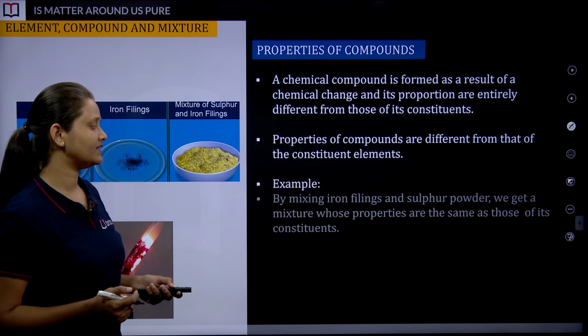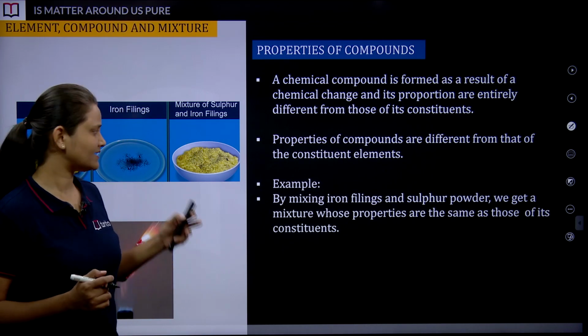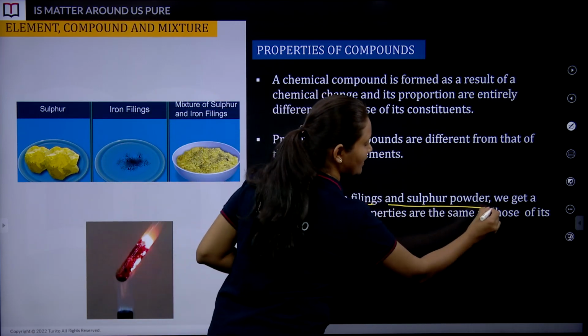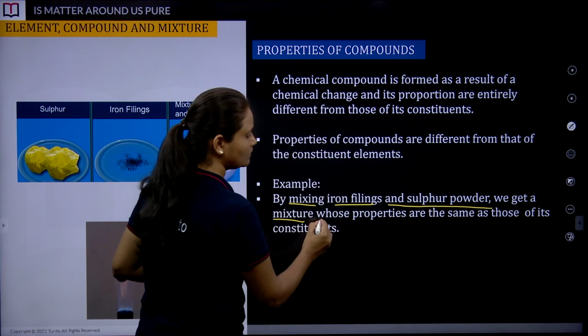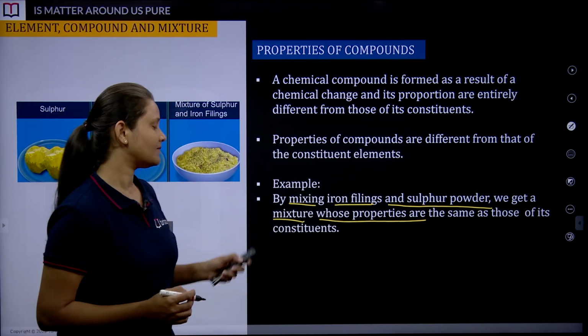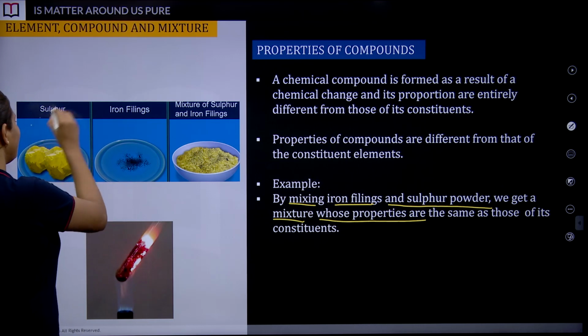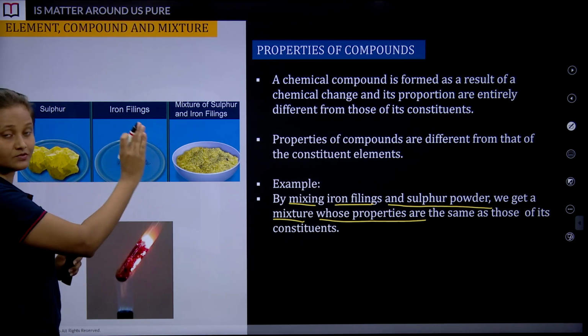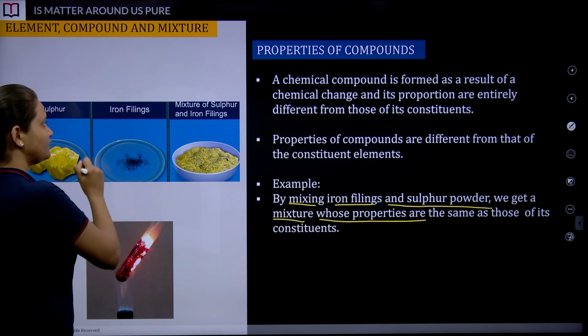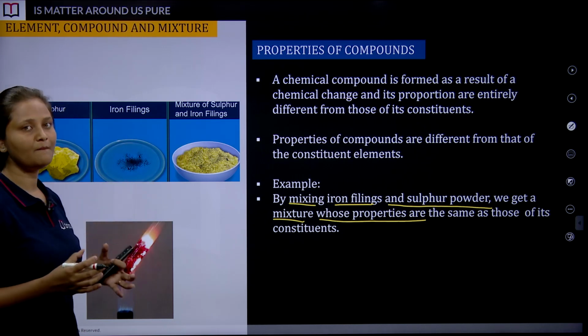We'll try to understand with one example. The example is the same. By mixing iron filings and sulfur powder, we get a mixture whose properties are the same as those of its constituents. This is situation number 1, and this is situation number 2. These two substances, sulfur and iron filings, are physically combined.